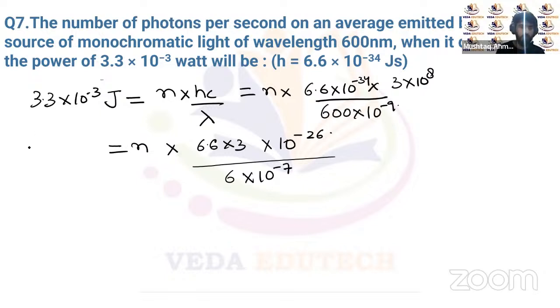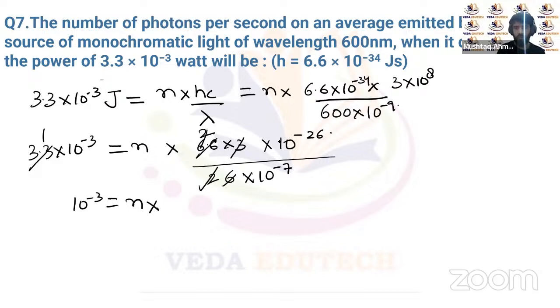Now this is equal to 3.3 into 10 to the power minus 3, so the 3 and 2 and the 2 and 2 get cancelled, and we'll have 10 to the power minus 19 here.